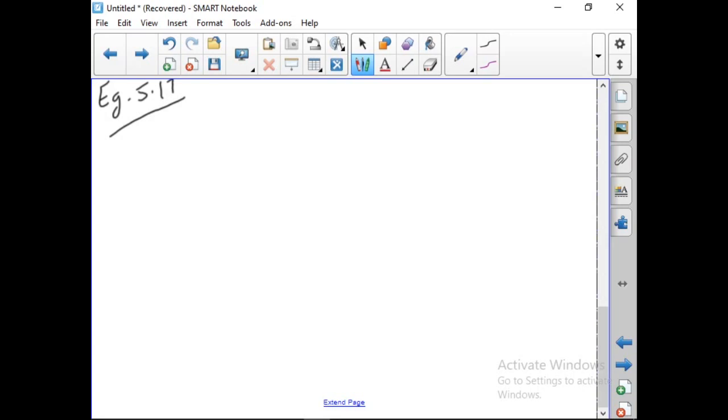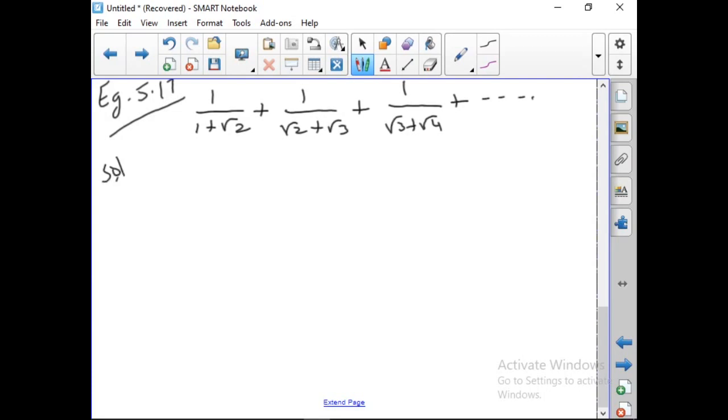Example 5.17. Find the sum of the first n terms of the series 1 by 1 plus root 2 plus 1 by root 2 plus root 3 plus 1 by root 3 plus root 4 plus etc. Okay, how to solve it?